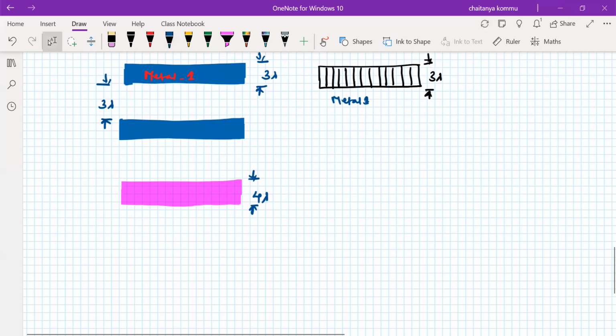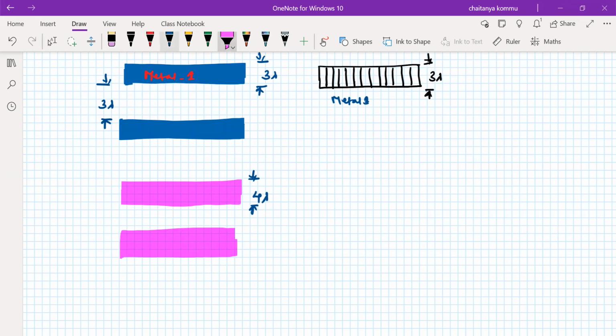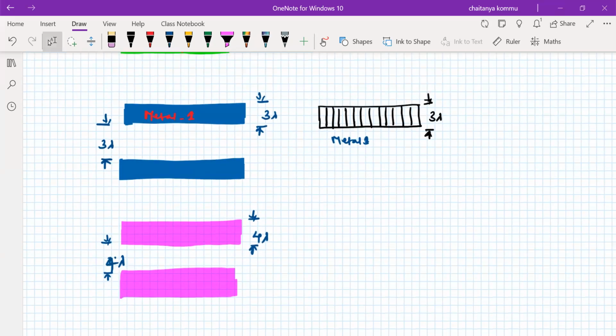Okay. So similarly, if we consider 2 metal layers, metal 1 and metal 2, then we have to consider 4 lambda here. But metal 1 and metal 2 do not require any kind of spacing. Why? Because above metal 1 we have an oxide, and on top of it we have a metal.